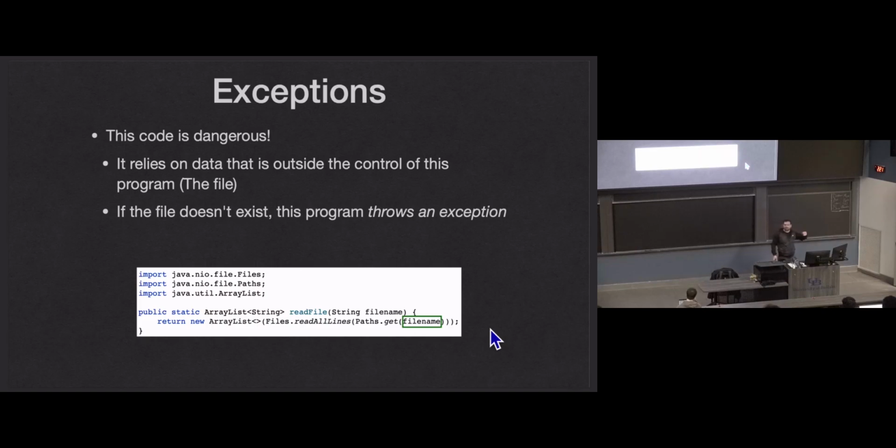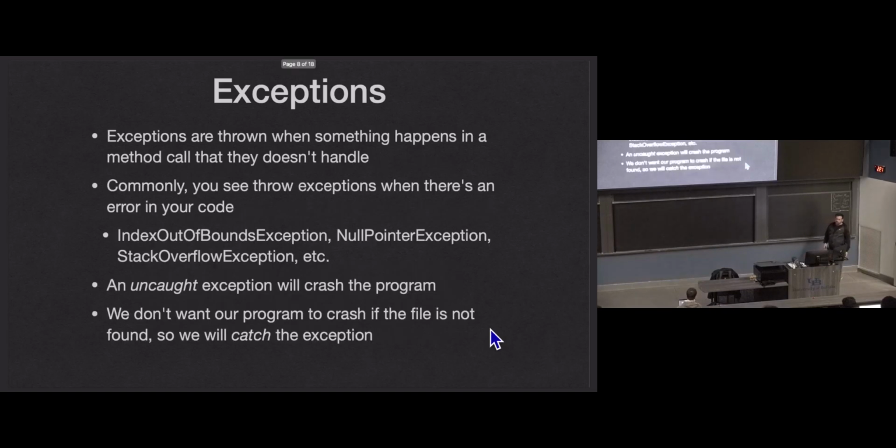So the file's slightly different by the time we read it, and then something weird can happen that corrupts the file. Things can happen in that split second. So anyway, that file opening can throw an exception, specifically the read all lines method can throw an exception.